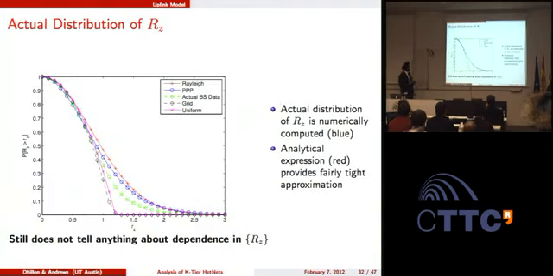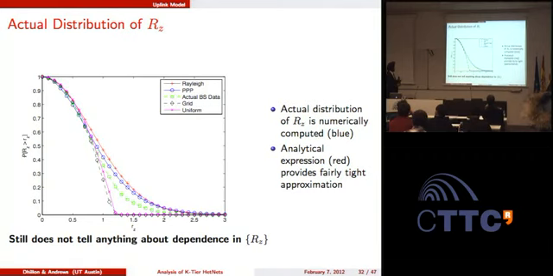In this plot, we have this CCDF for RZ, and the blue plot is for the actual distribution of RZ, numerically computed for the correlated process, and then you have the analytical expression for the approximation, which is the red one, and we see that these plots are actually quite close.